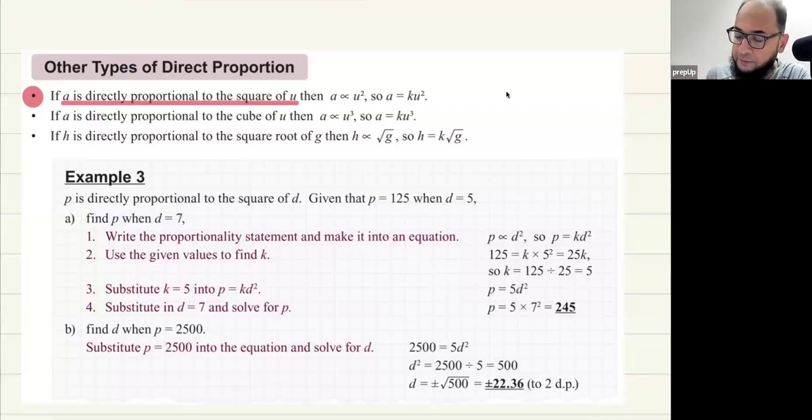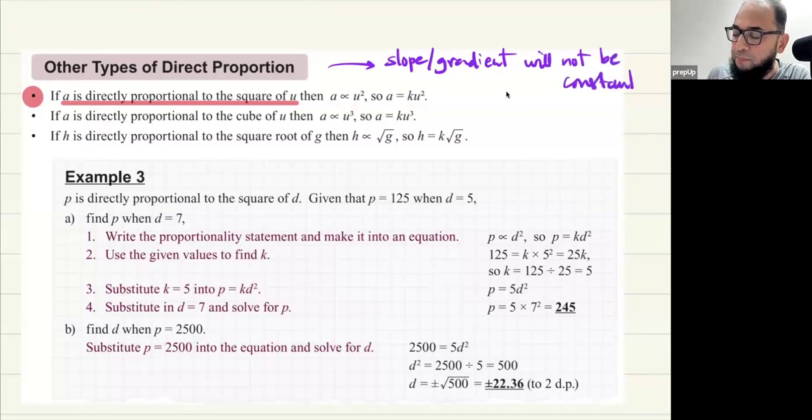So A is proportional to U square, A is equal to KU square. Over here, the slope, the gradient, will not be constant. Why? Because it will not be a straight line graph. The next one, let me just highlight this.